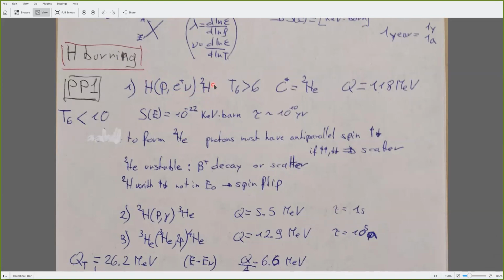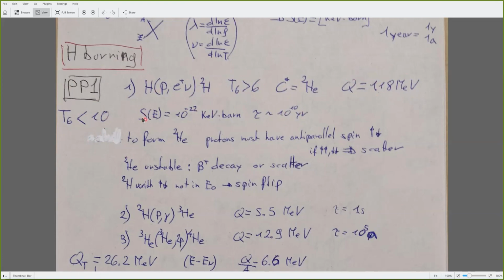And it's true, this is okay, it can start at just above 6 million. The whole PP1 is usually dominant below 10 million Kelvin. You have just this small amount, but the most important thing is that it is a really, really complicated reaction.